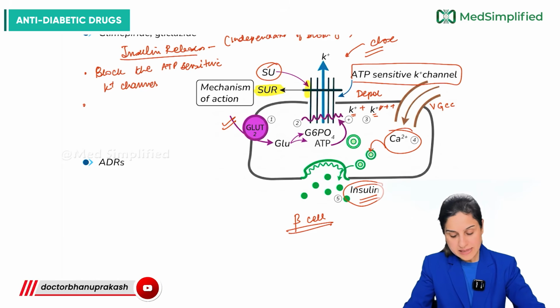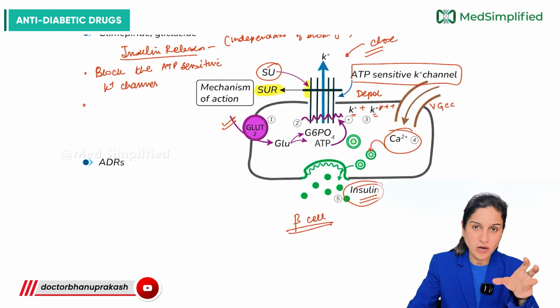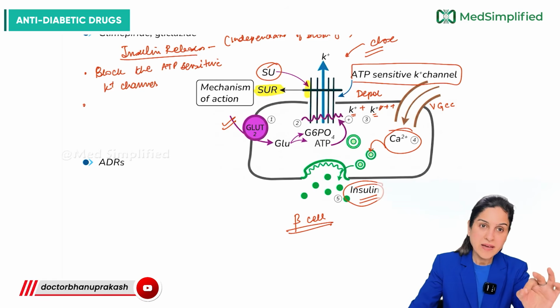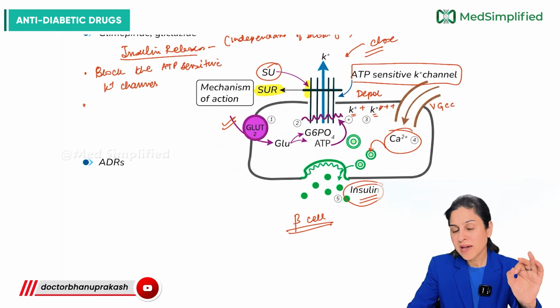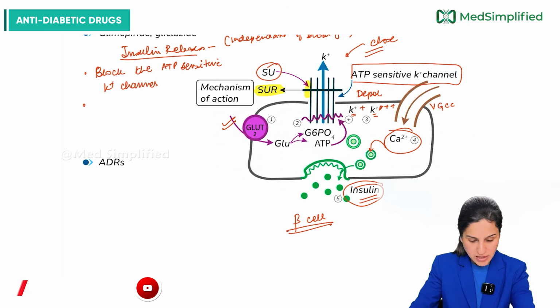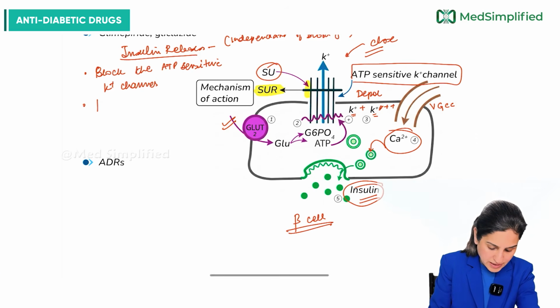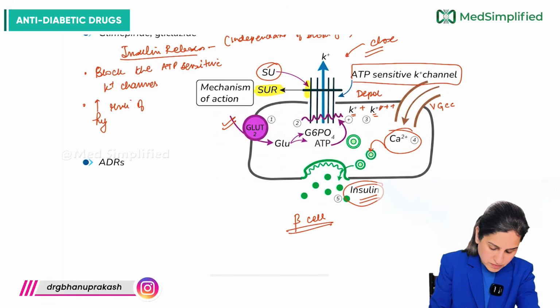What it means is, whether blood glucose is there or not, it doesn't depend on it. That's why the chance of hypoglycemia is really, really high with this group of drugs. Therefore, there is an increased risk of hypoglycemia.